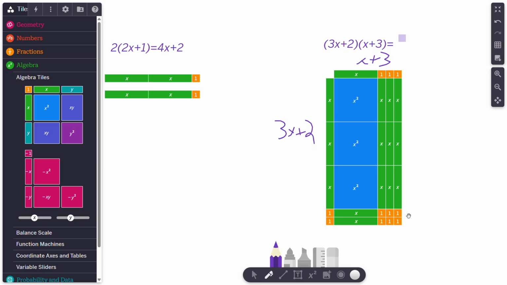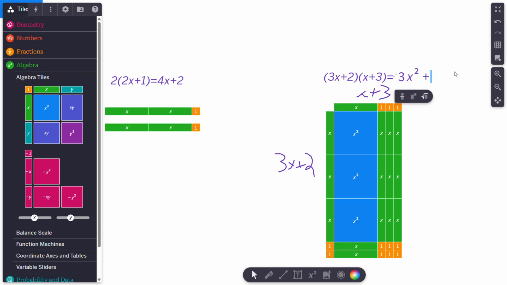So then, to get the answer, as we did before, you just count the things you have. How many x squareds do we have? 3 of them. 3x squared plus, how many x's do we have now? 1, 2, 3, 4, 5, 6, 7, 8, 9, 10, 11 x's.